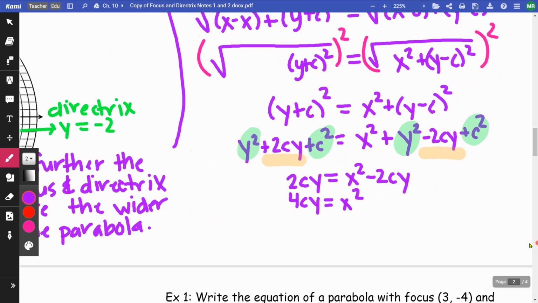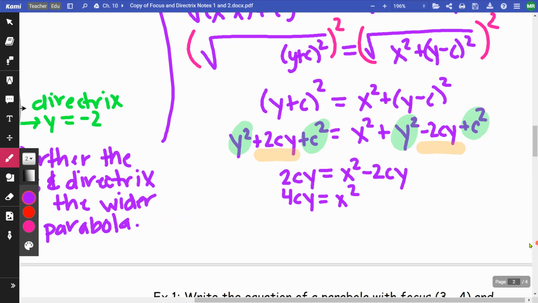Okay, that's what our goal is here. So now, since that's my goal, I'd rather have this be y equals than like this. So I'm going to divide both sides by 4c. And so this is really x squared over 4c, but I'm going to rewrite it as 1 over 4c times x squared.